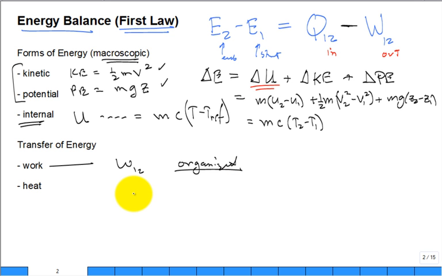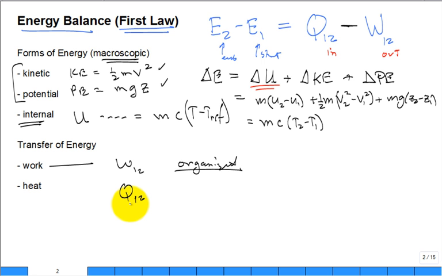Where if it's a heat transfer, Q1 to 2, it's because on the molecular level, some of the molecules are higher temperature, higher kinetic energy, higher rotational and translational and vibrational energy states at the molecular level, and they're colliding and bouncing and moving around, and that's kind of a disorganized energy transfer. That's really the difference between the two.